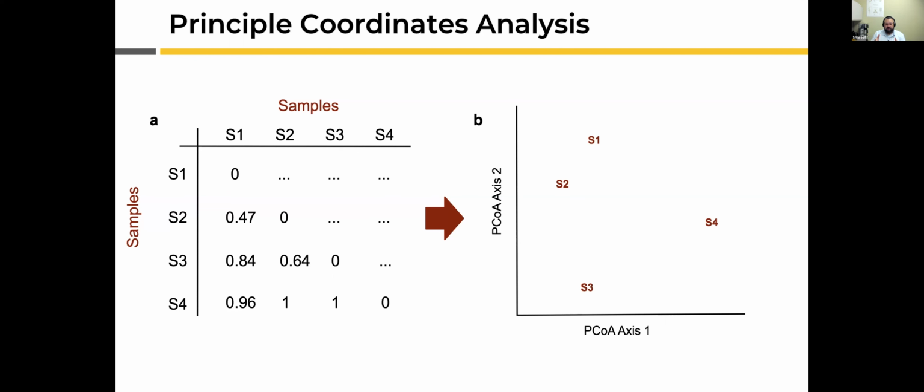Principal coordinates analysis can take dissimilarity measures. It doesn't rely on any particular definition of the space, but it is related to principal components analysis in that if you give principal coordinates analysis a dissimilarity matrix based on Euclidean distances, then it effectively becomes principal components analysis.